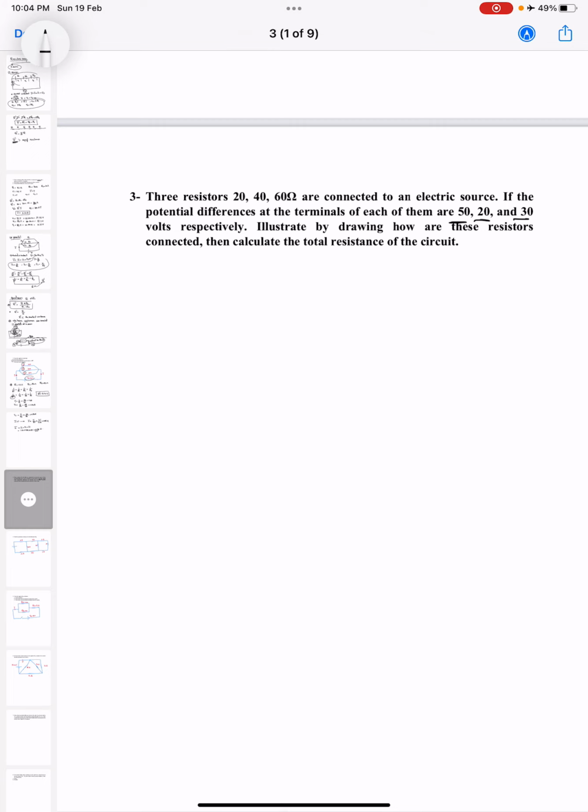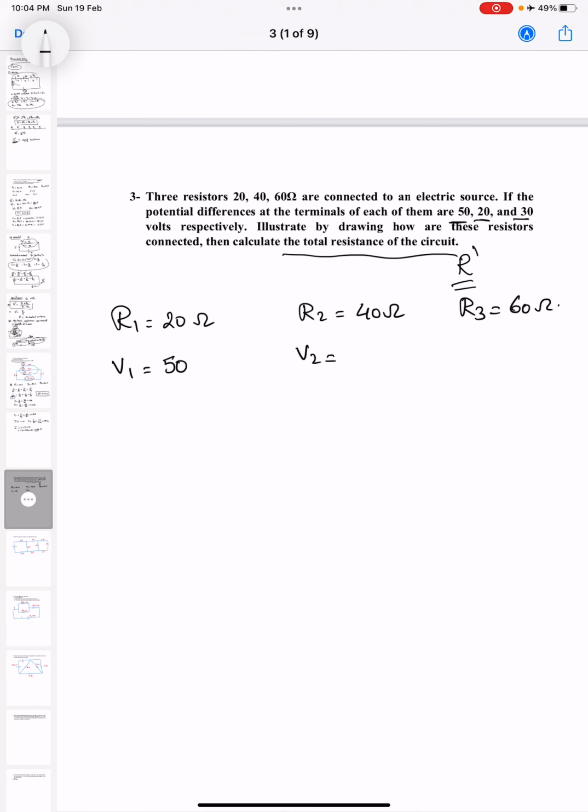Then calculate the total resistance, R total. Let's analyze this problem. R1 equals 20 ohm, R2 equals 40 ohm, R3 equals 60 ohm. Volt in the first resistance is 50. Volt in the second resistance is 20 volt. V3 equals 30 volt. Okay.